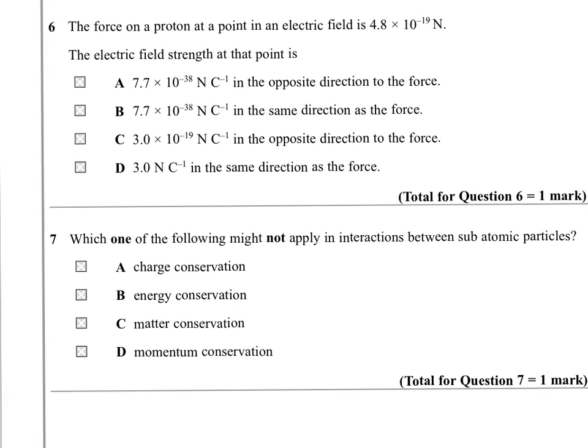Question 6. The force on a proton at a point in an electric field is 4.8 times 10 to the minus 19 newtons. The electric field strength at that point is one of these values.